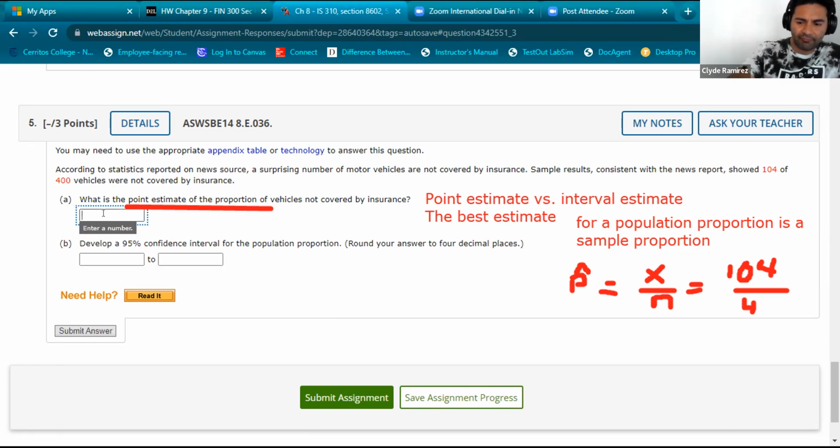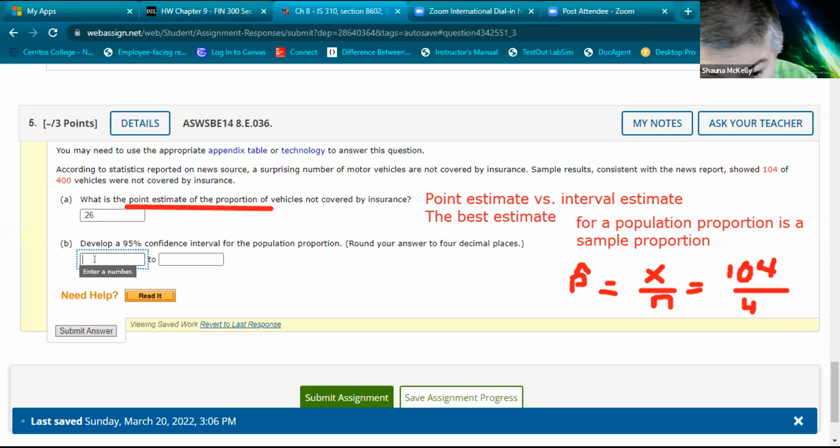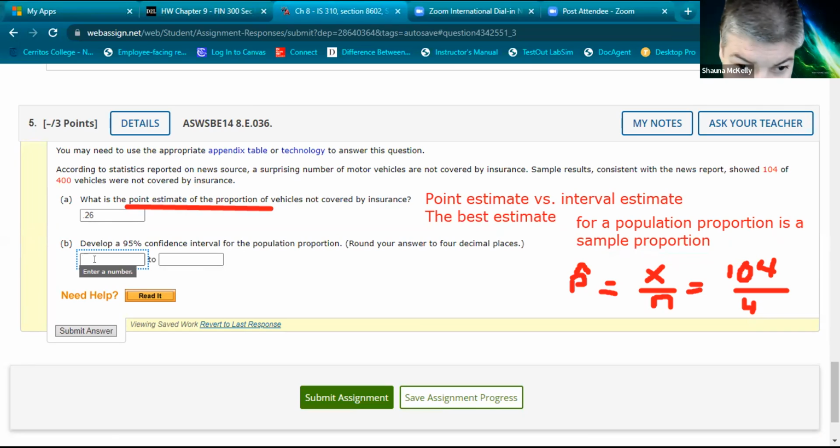Now, the next thing says, develop a 95% confidence interval for the population proportion. The only thing here is that I'm not going to have you calculate this by hand, but I don't think your calculator will take it to 4 places. They usually take it to 3, so we'll see. But you're going to go to stats. You're going to go to tests.